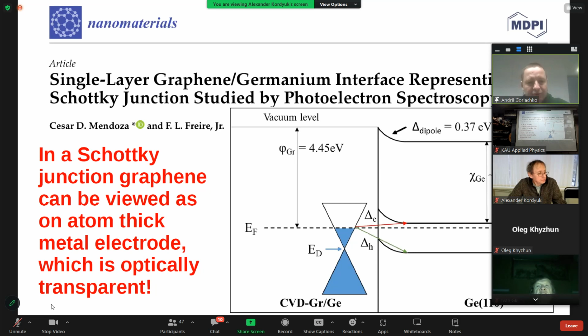It is also important that graphene here can be viewed as a metal electrode which is just one atom thick, but is also optically transparent, which can be of great importance. You can utilize it in creating, for instance, photoelectric sensors as a transparent electrode.